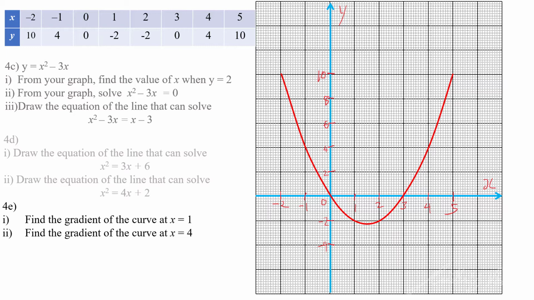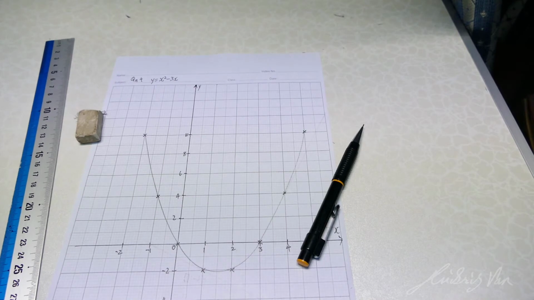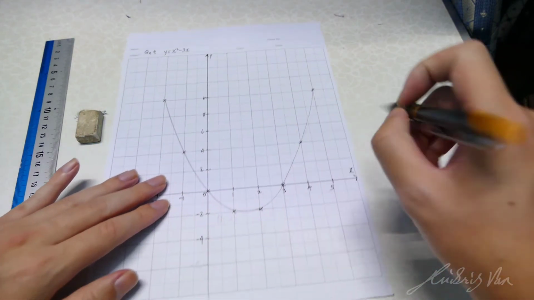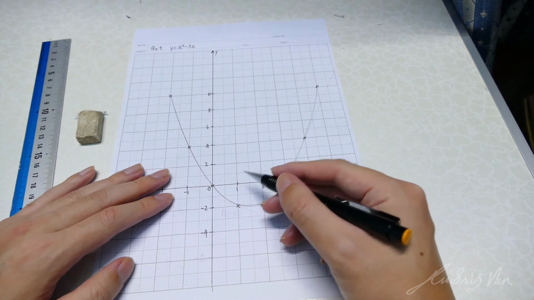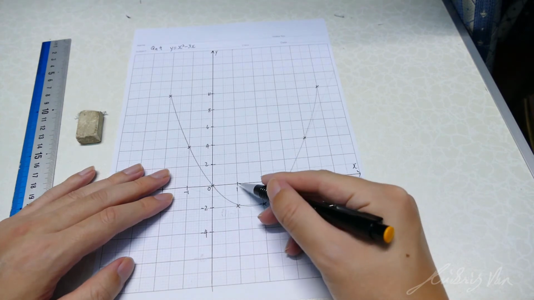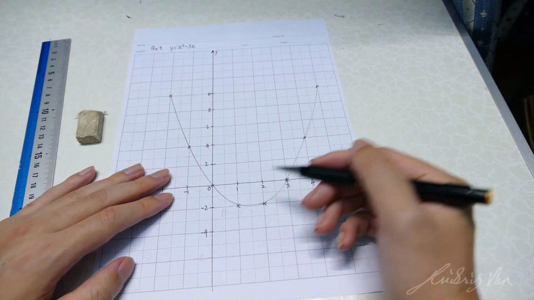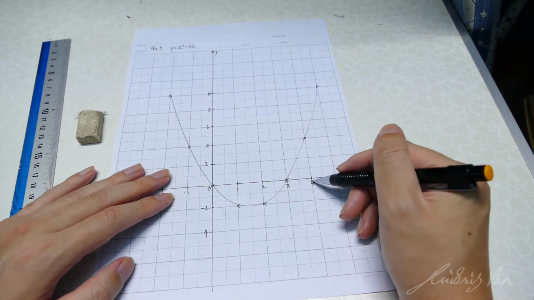So what we are supposed to do is to draw the tangent. So I will show you a quick demonstration of how you can draw a tangent to a curve. The point where we are interested in finding out the gradient of the curve is when x is equals to 1 and when x is equals to 4.